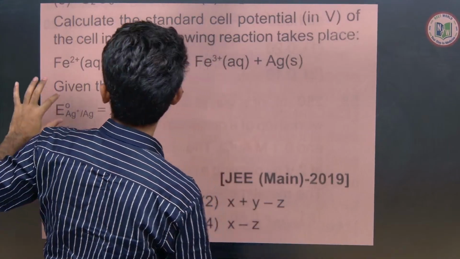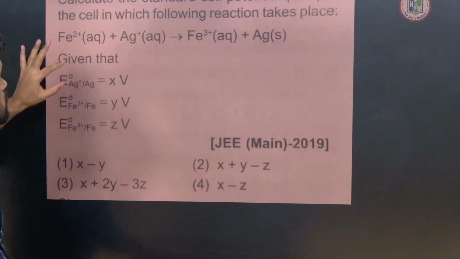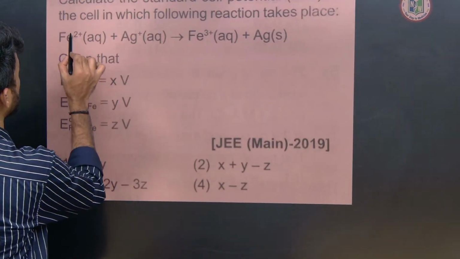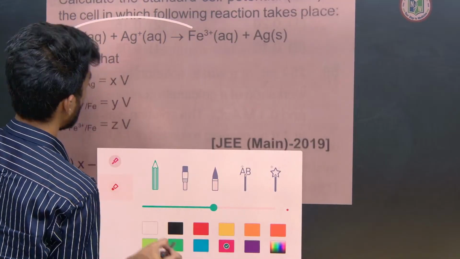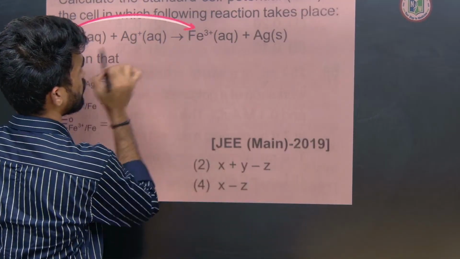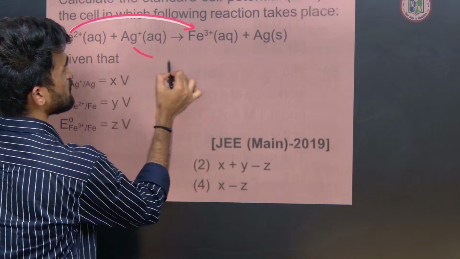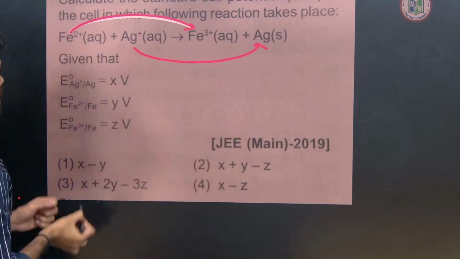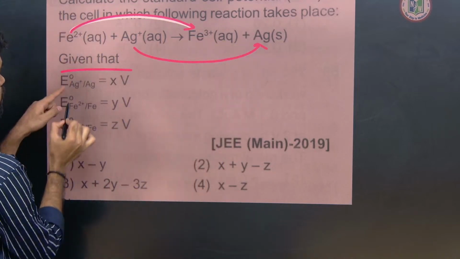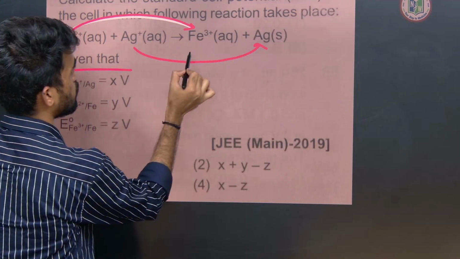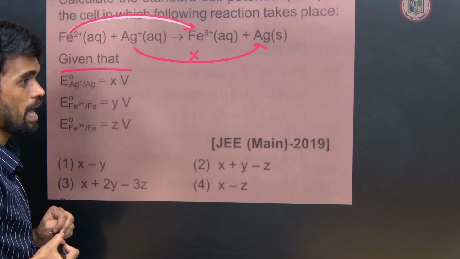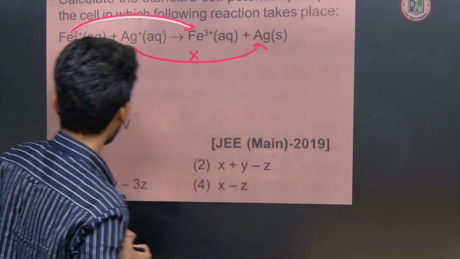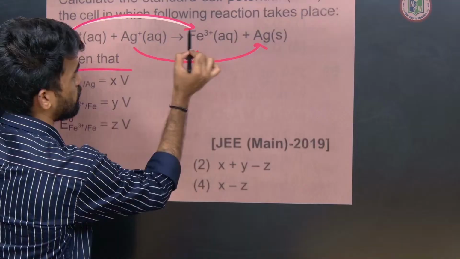So how do you do this? See, Fe plus 2 is converting into Fe plus 3, and Ag plus is converting into Ag. They have given for Ag plus to Ag as x volt. They directly mentioned it for Ag, but they haven't mentioned it for Fe plus 2 to Fe plus 3.